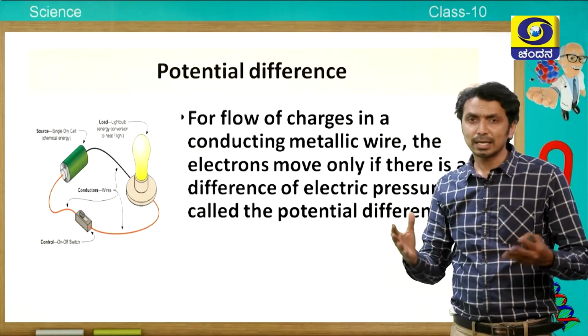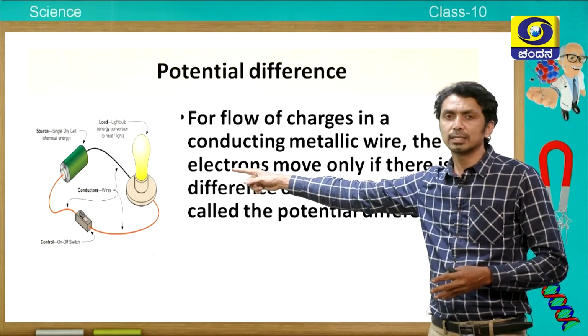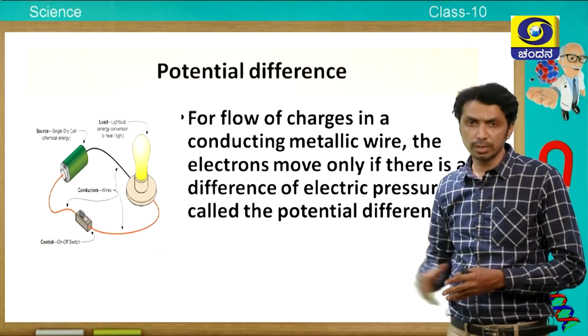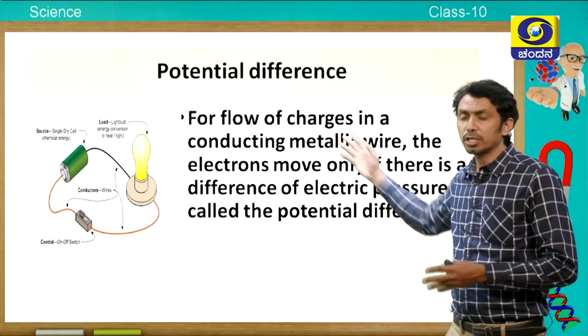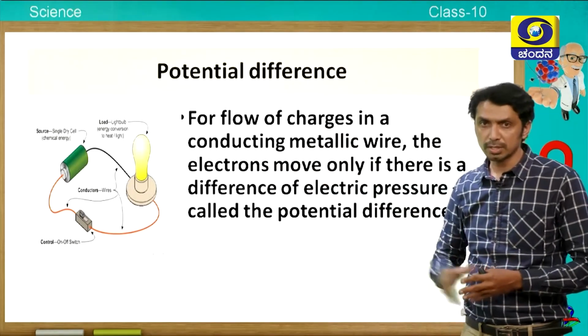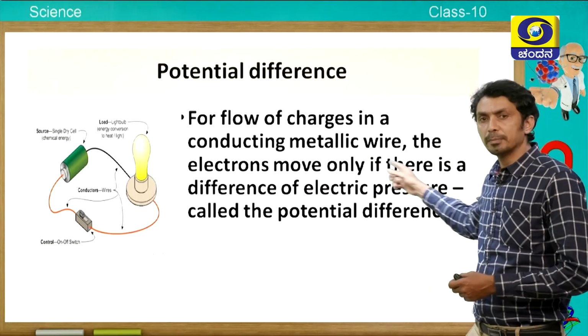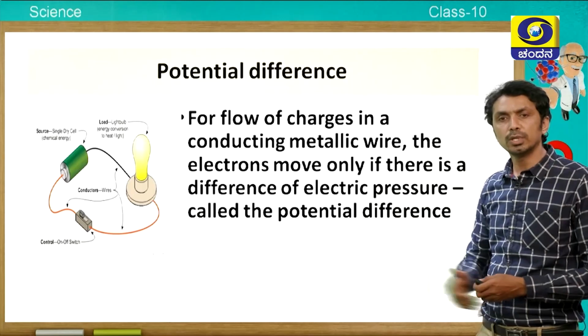The reason is there has to be some work done. So that cell is doing that work by bringing the potential difference, that is the difference in pressure of charges at its ends. So for flow of charges in a metallic wire, the electrons move only if there is a difference in electric pressure.